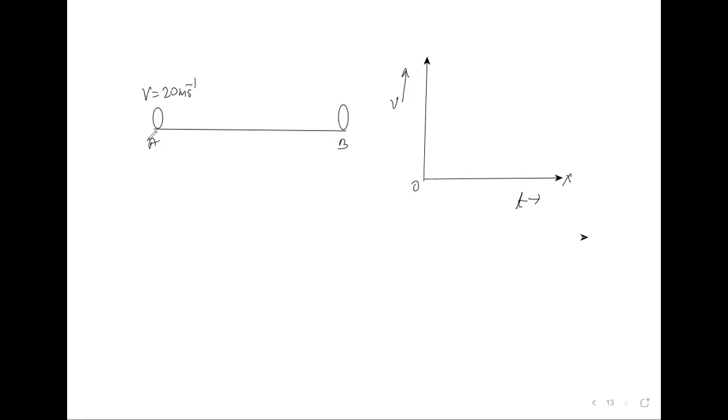When we begin to observe the motion, the time was 3 p.m., and when the motion ended, this is the initial time and this is the final time, the time was 3:15 p.m., quarter past 3 p.m. The motion began at 3 p.m. and ended at quarter past 3 p.m. Velocity was fixed, 20 meter per second throughout the entire motion.